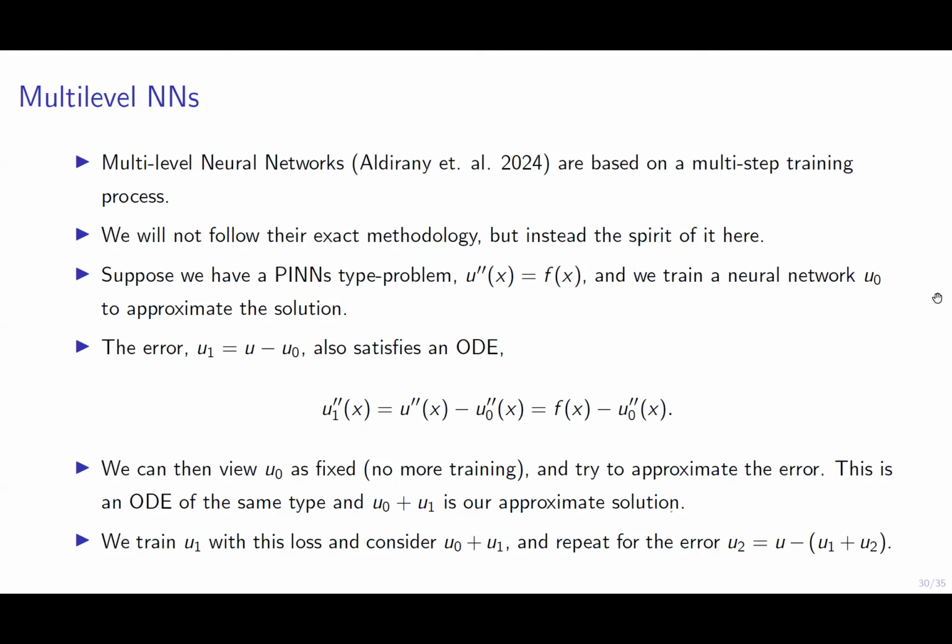So if I now fix my U0, my F is known, obviously, since it comes from my PDE. Now I can train a different neural network, keeping this one fixed, and try to minimize the error.